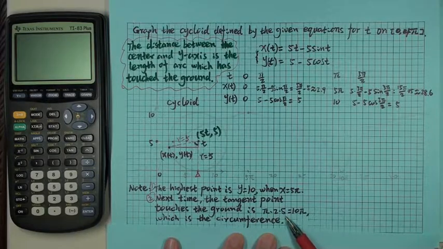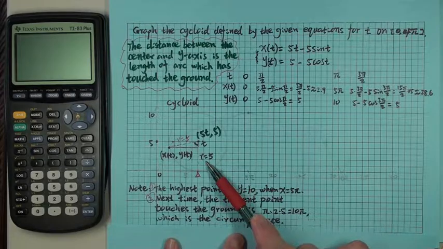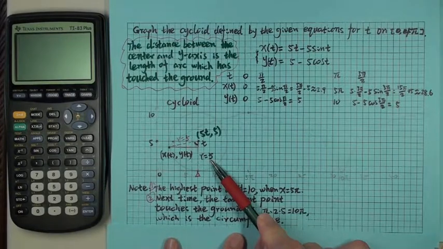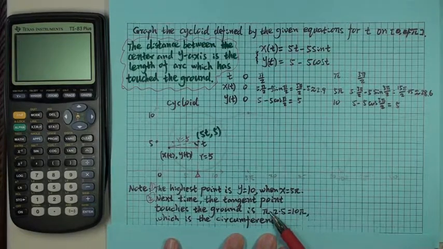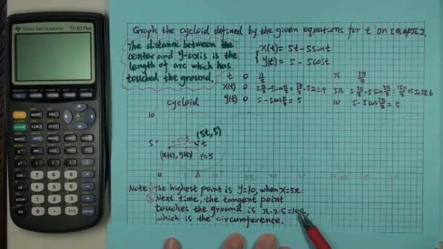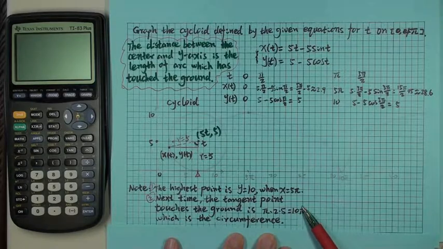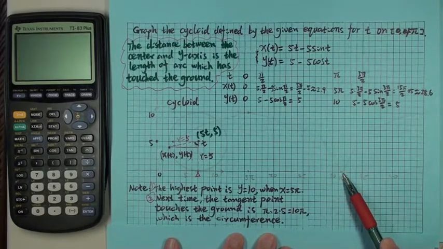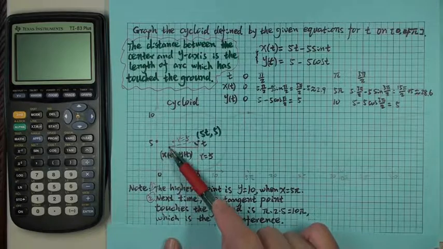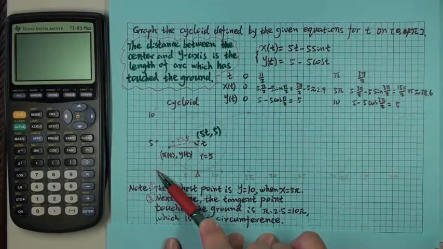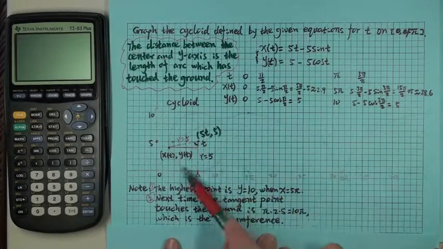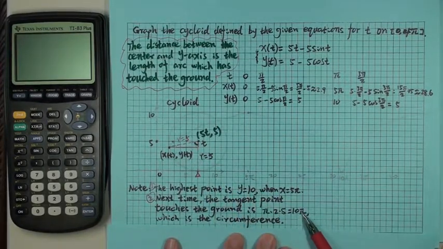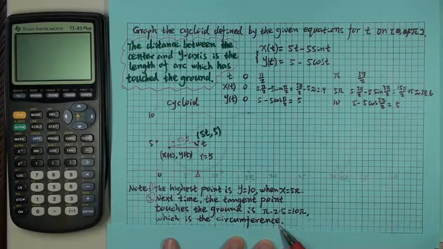Pi times the diameter is pi times 2 times 5, because the radius is 5. Radius 5 times 2 is the diameter, and then times pi is the whole circumference. So that's how we get 10 pi. Previously it touched at the origin. The second time this point on the wheel touches the ground will be 10 pi, which is the circumference.